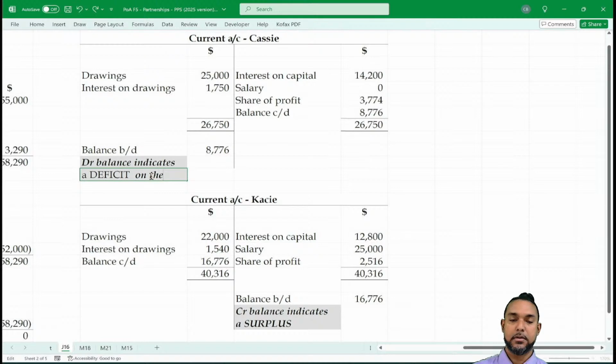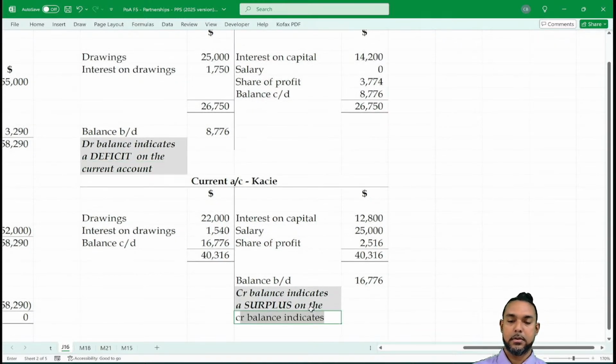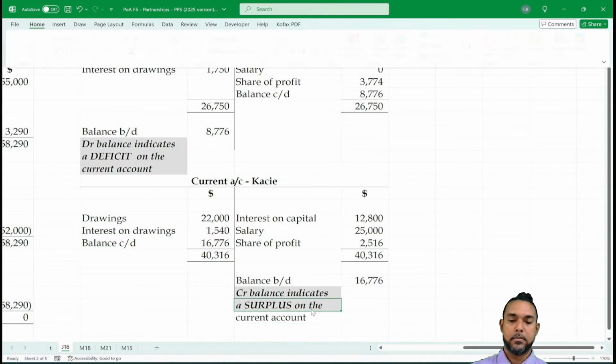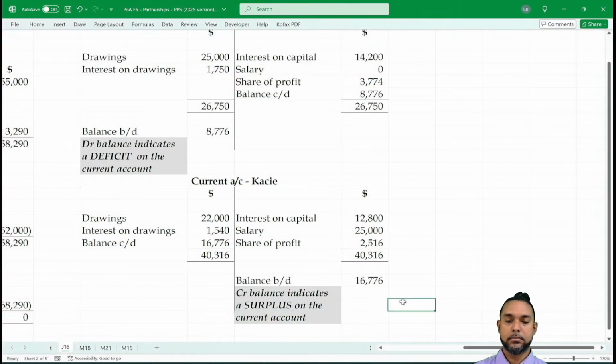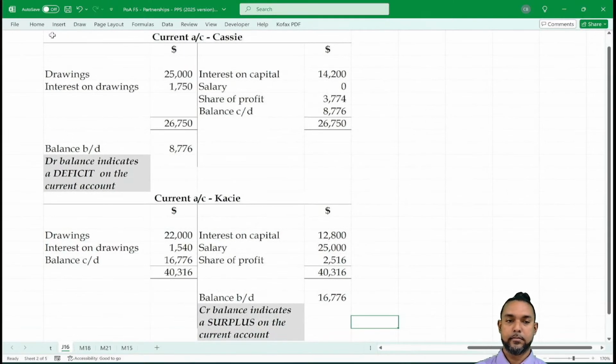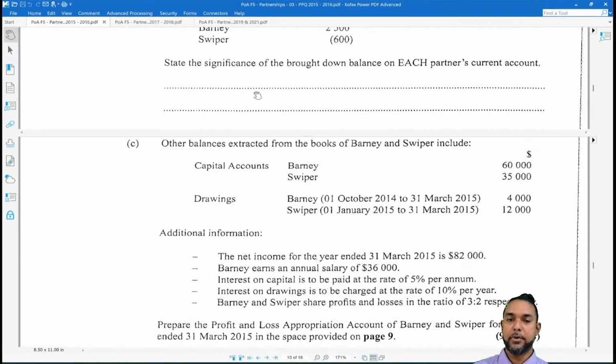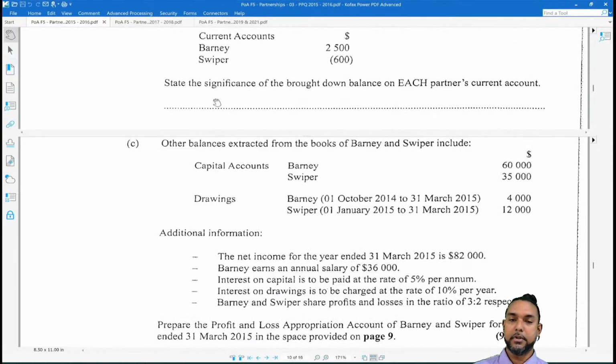So on Barney's current account, the credit balance indicates a surplus, whereas on Swiper's current account, the debit balance indicates a deficit.